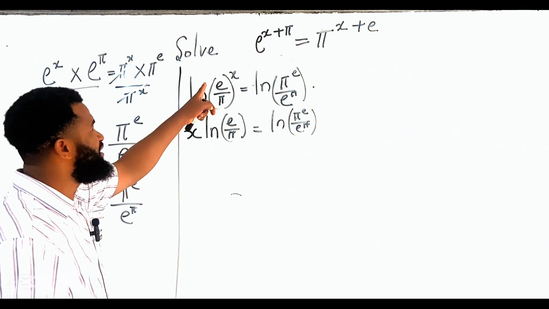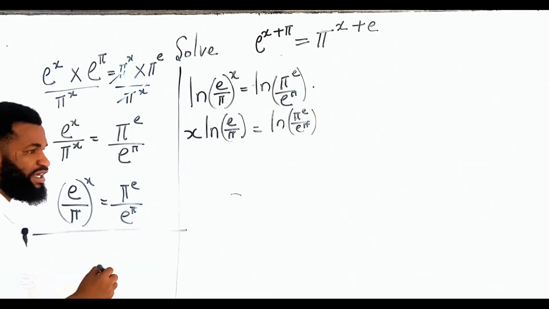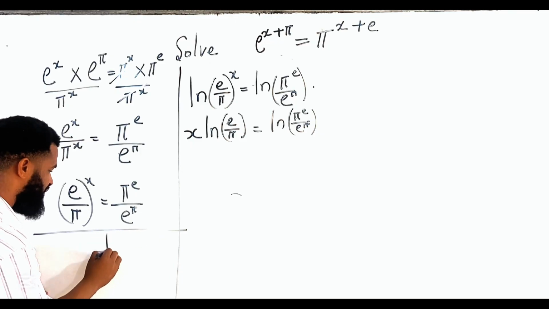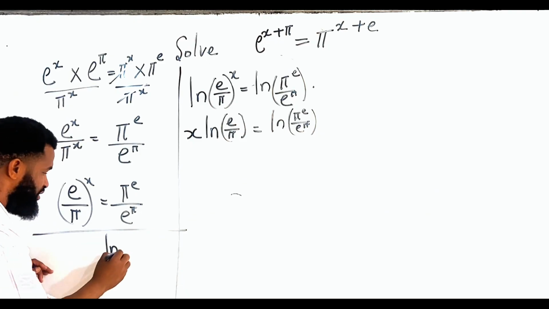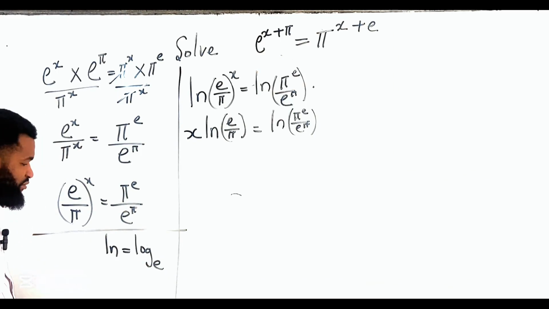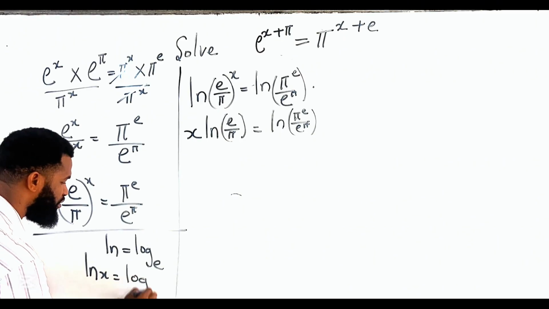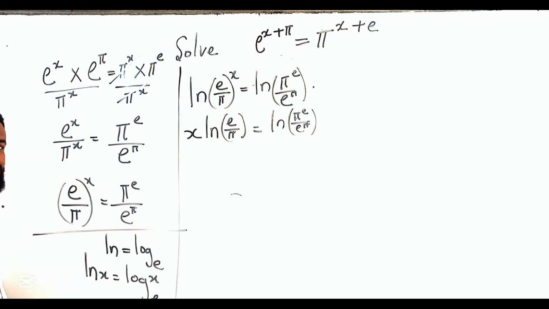Remember what I did here. In mathematics, remember that this ln I'm talking about is log to base e. So if I have ln x, I am saying the same thing as log x base e.